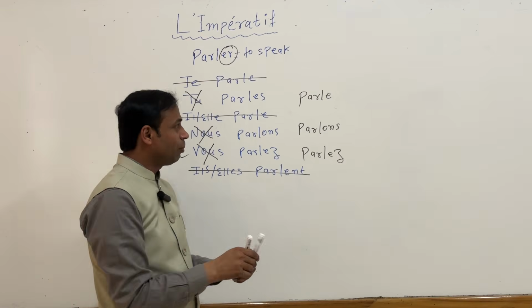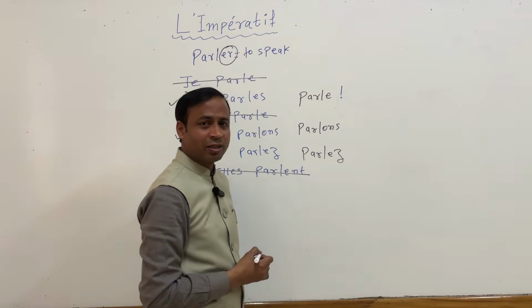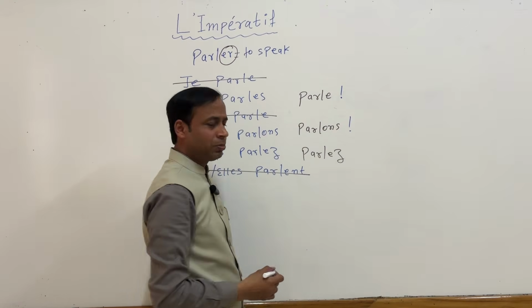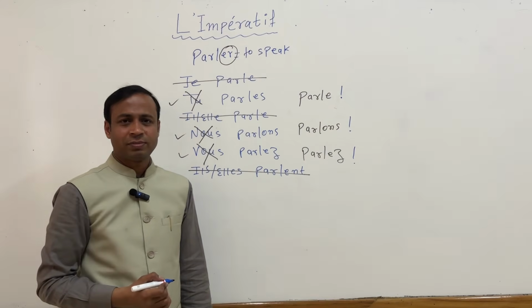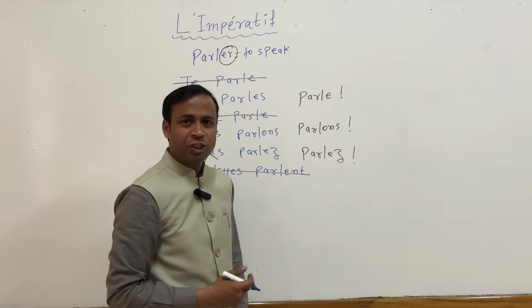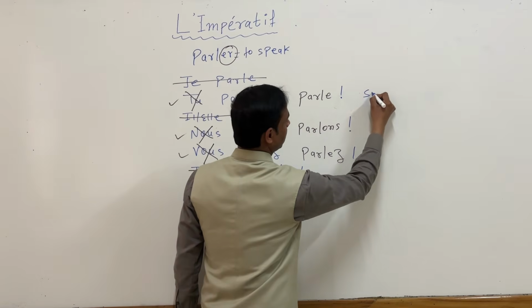What do we have to do? Parle, just add an exclamation mark. Parlons, add an exclamation mark. Parlez, add an exclamation mark. So what does this mean? Parle means speak.